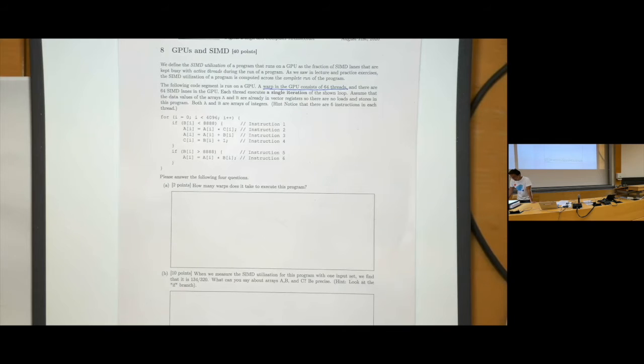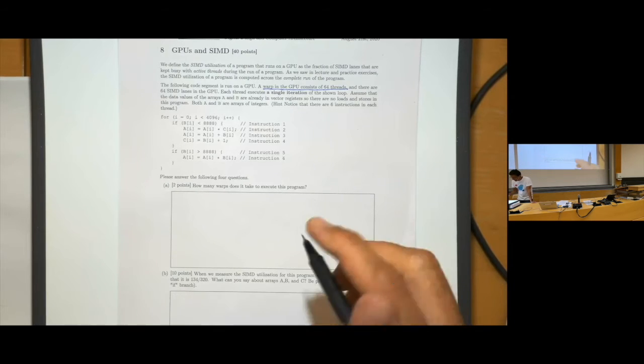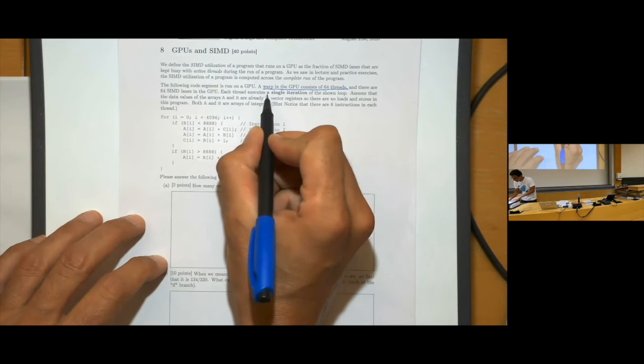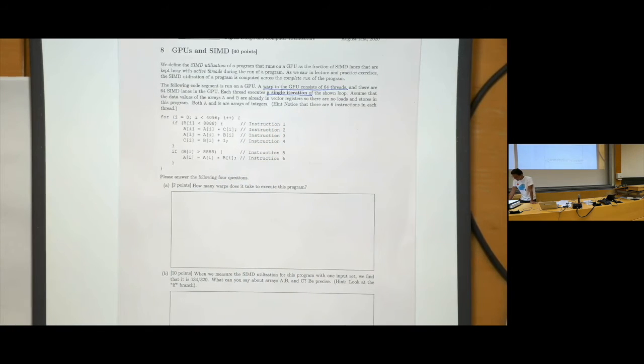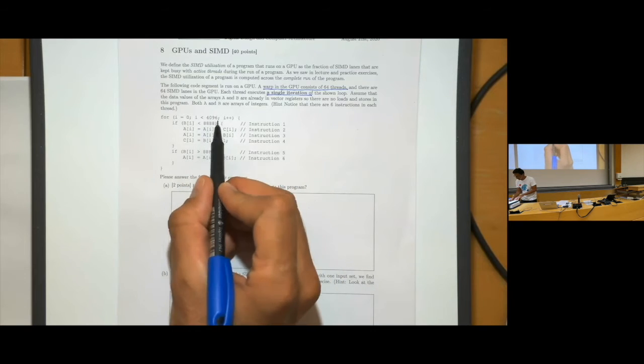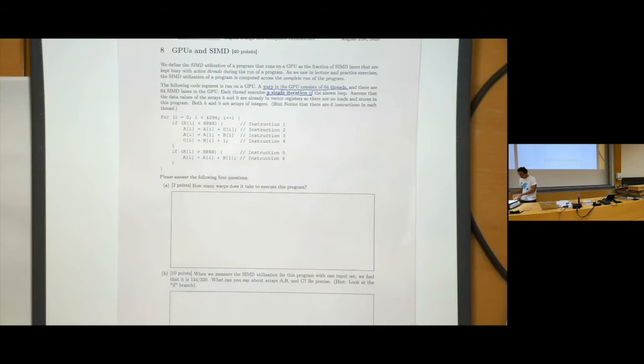Each thread executes a single iteration of the shown loop. That's also important. In total, as you'll see here, there are 4,096 iterations. So we are going to need in total 4,096 threads.